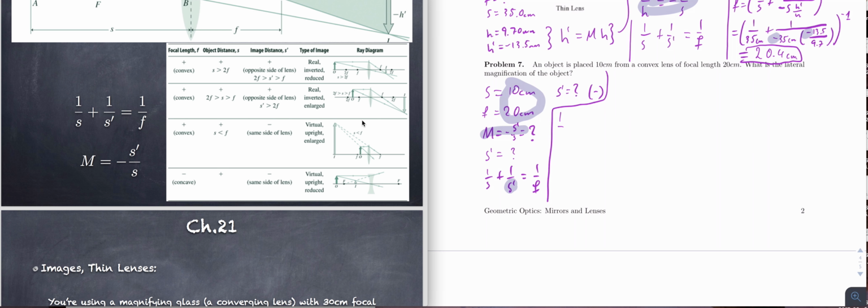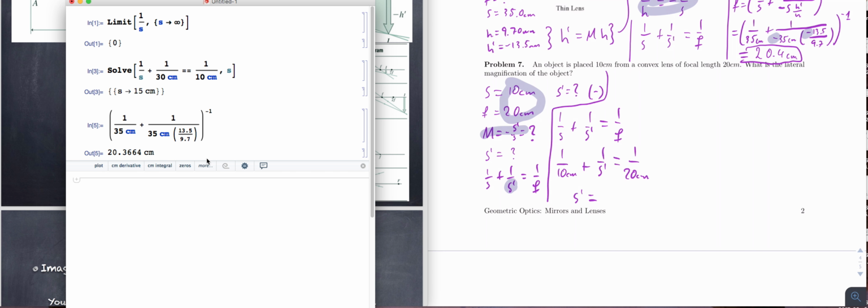So we have 1 over S plus 1 over S prime equals 1 over F. Let's plug this in. So we have 1 over S, which is 10 centimeters, plus 1 over S prime equals 1 over 20 centimeters. We're looking for S prime, so I'll call it SP.